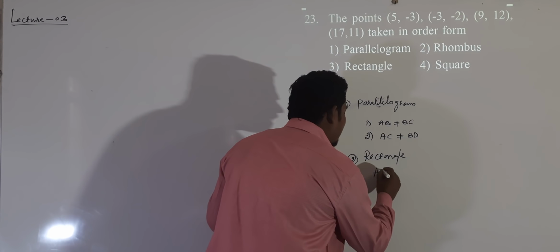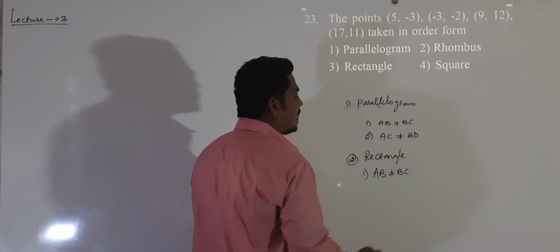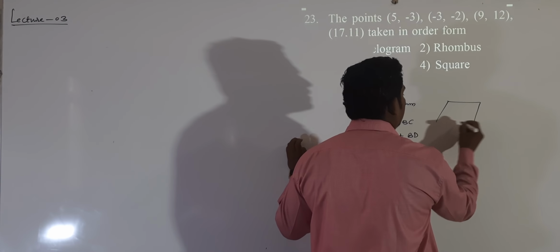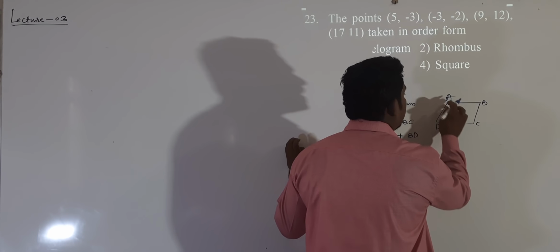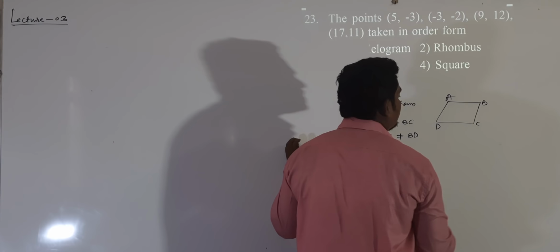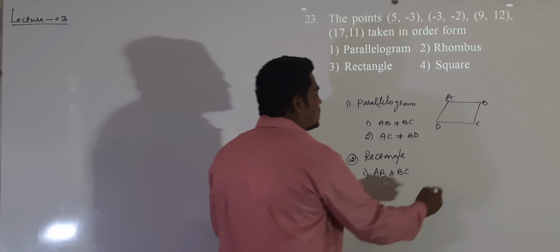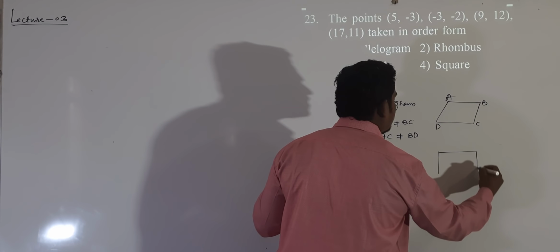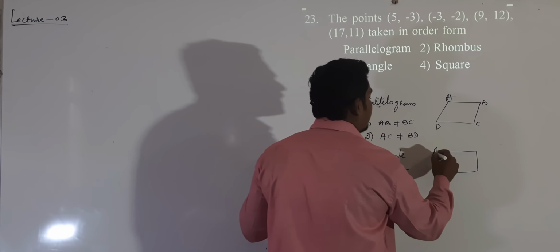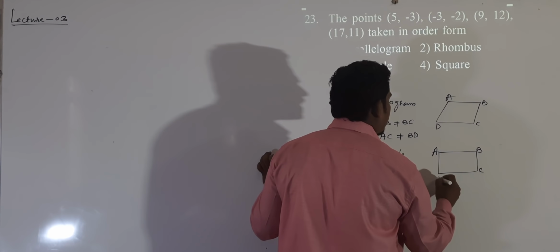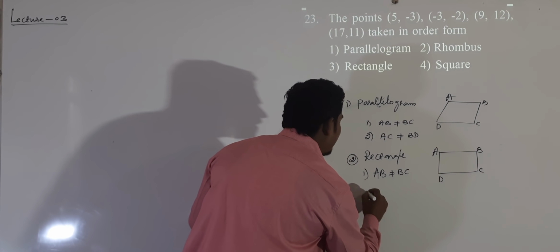In a rectangle, adjacent sides are unequal. Parallelogram A, B, C and D. AB is not equal to BC and diagonal AC, diagonal BD. In a rectangle also, what is the rectangle condition? Opposite sides are equal, right? But adjacent sides are not equal. A, B, C and D. Here also adjacent sides are unequal but diagonals are equal, right?